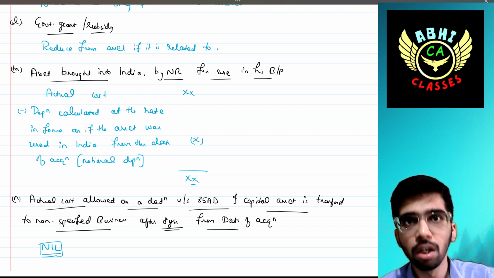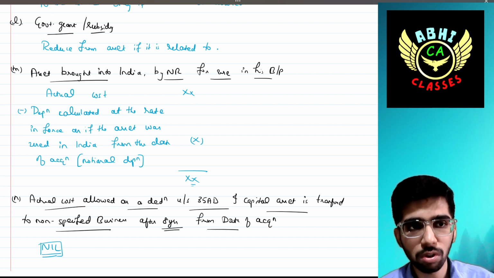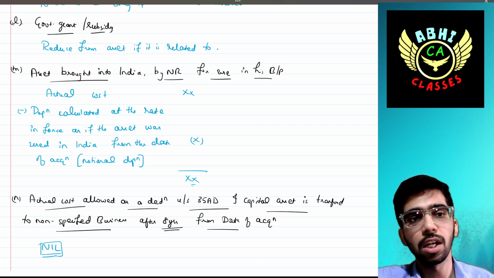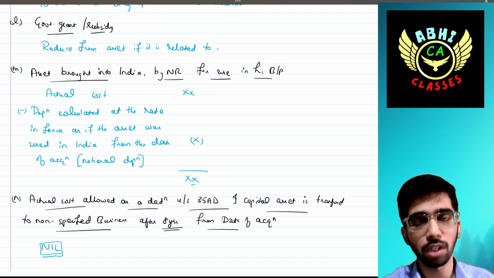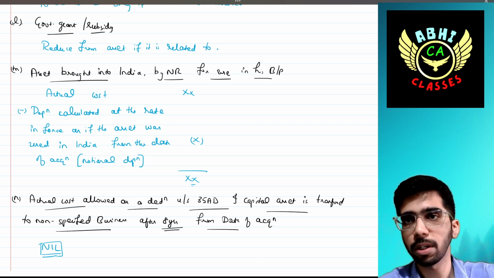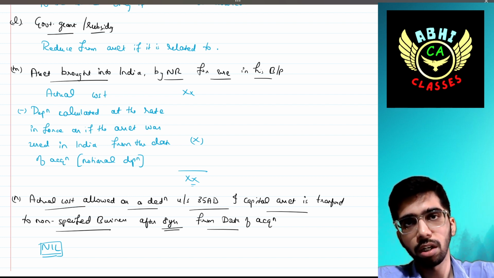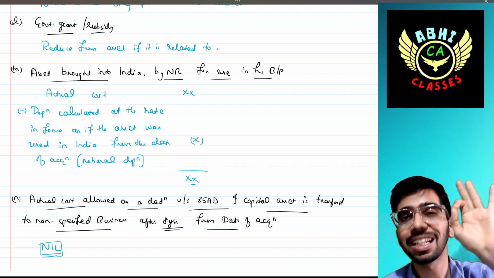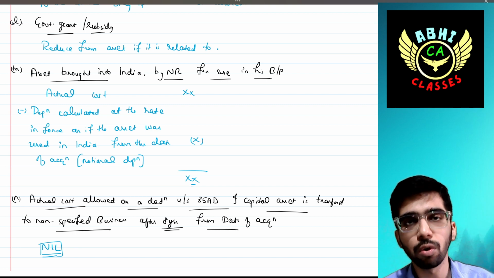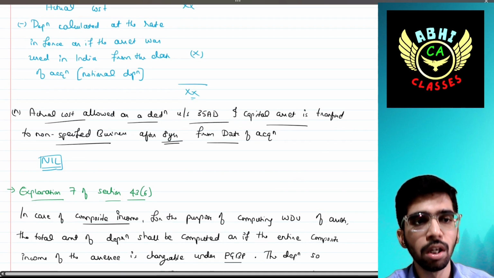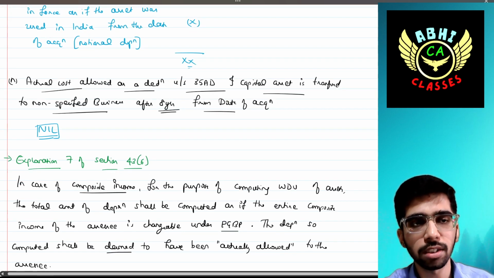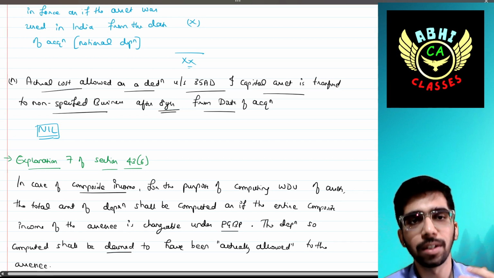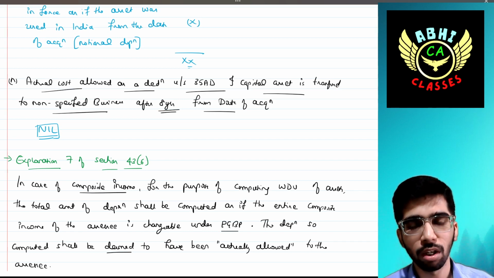That depreciation is calculated at the rate in force as if the asset was purchased and used in India from the date of its acquisition. The same concept that we have discussed, personal to business in nature. Now the same concept, the notional depreciation, should be reduced to arrive at the final cost of that asset.